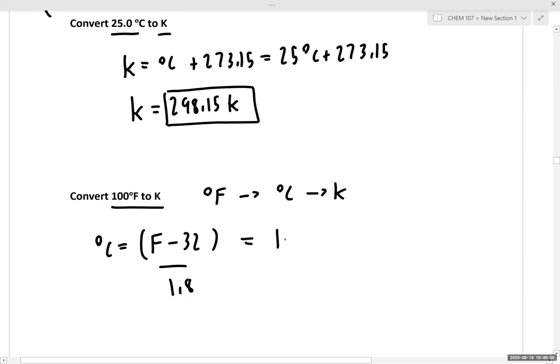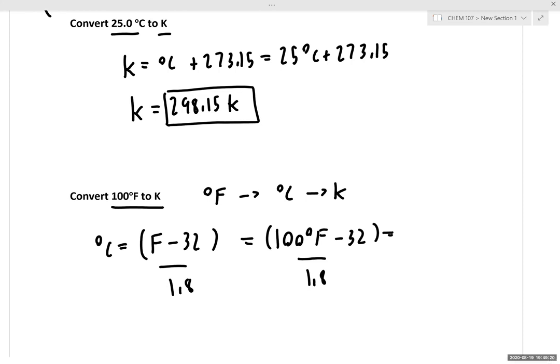So that gives us 100 degrees Fahrenheit minus 32 over 1.8, which in turn gives us 37.78 degrees Celsius.